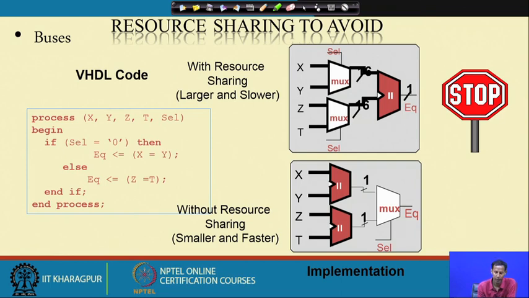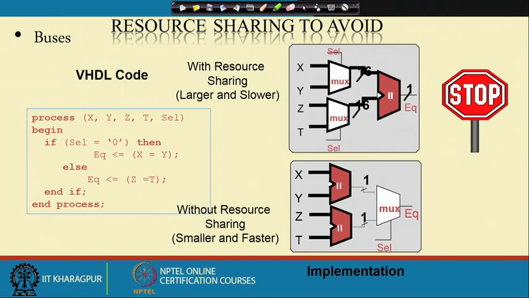Equality says that if x equals y, then equal goes to 1, otherwise it will check z equals t, and those values will go to the output.